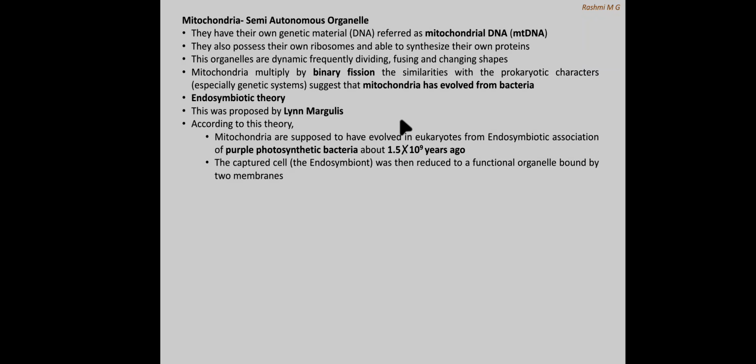This statement, that mitochondria evolved from bacteria, is the endosymbiotic theory, which was proposed by Lynn Margulis. According to this theory, mitochondria are supposed to have evolved in eukaryotes from an endosymbiotic association of purple photosynthetic bacteria.